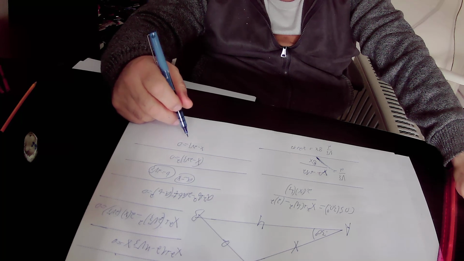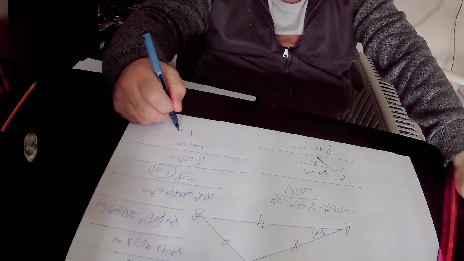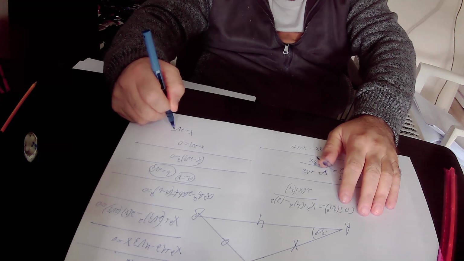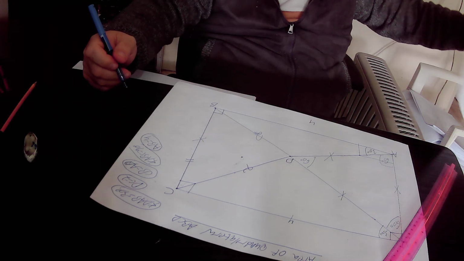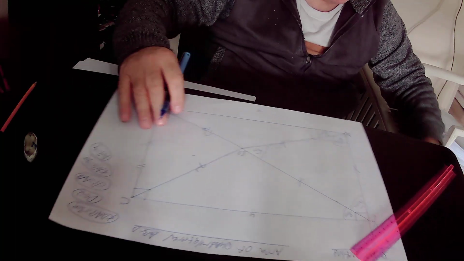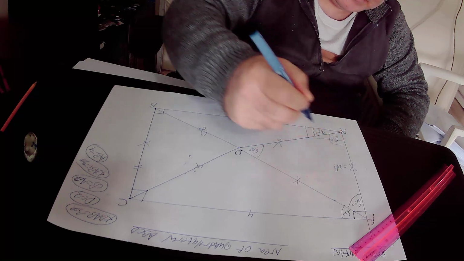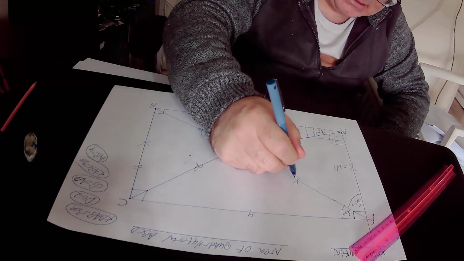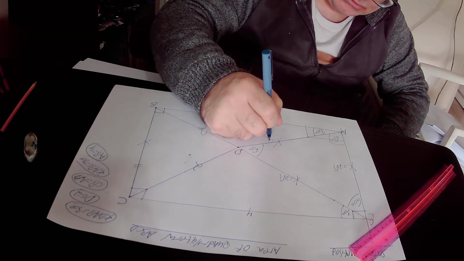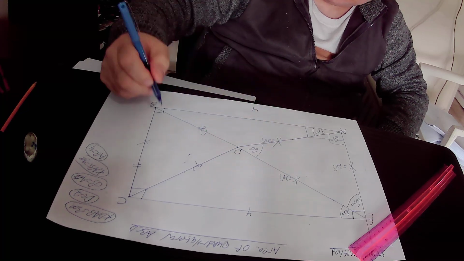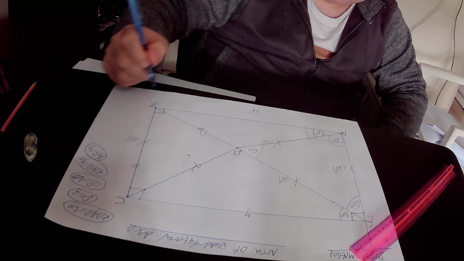Here we will add 2 times square root of 3 to this equation and we will get that x equals 2 times square root of 3 units. So we can write here that x equals 2 times square root of 3 units, and here also, and here also, and here x equals 2 times square root of 3 units.